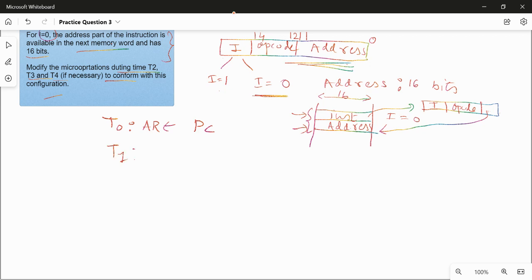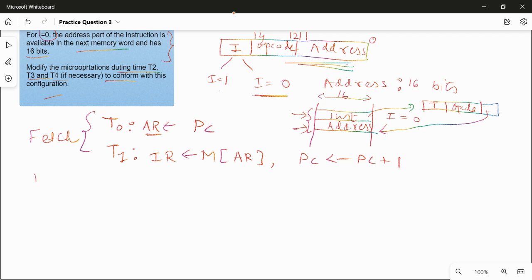At T1, using this address value, the control fetches the required instruction in the IR, and at the same time, PC is incremented by 1. So these two timing signals correspond to the fetch phase.